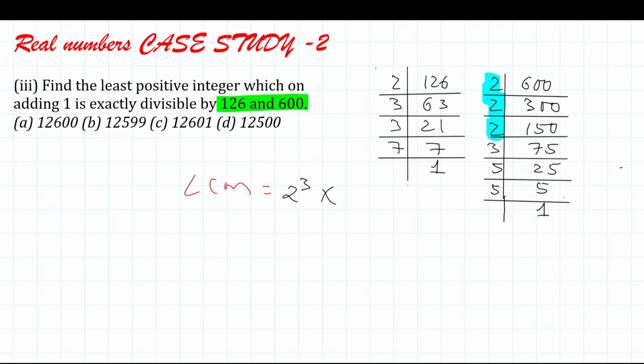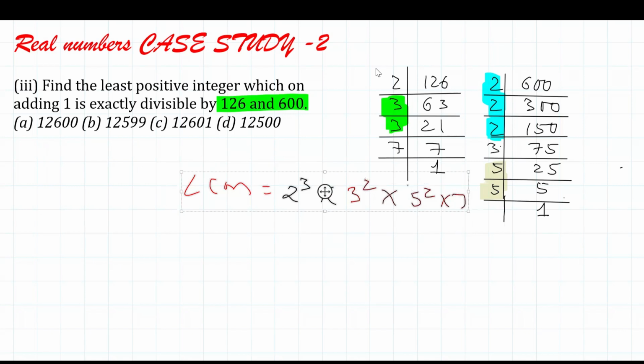And next, 3 with the maximum power 2, so that is 3 raised to the power 2. And similarly 5 with the maximum power 2 again, so this is 5 raised to the power 2. And then we have 7 over here.